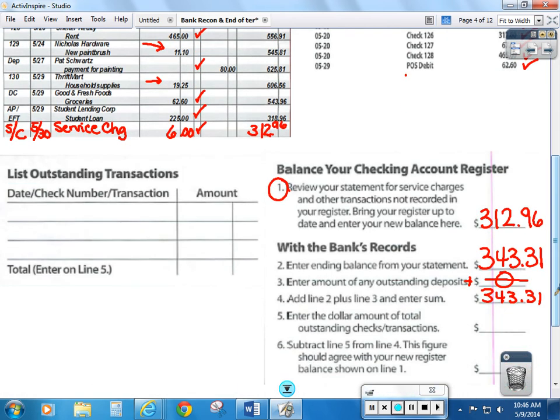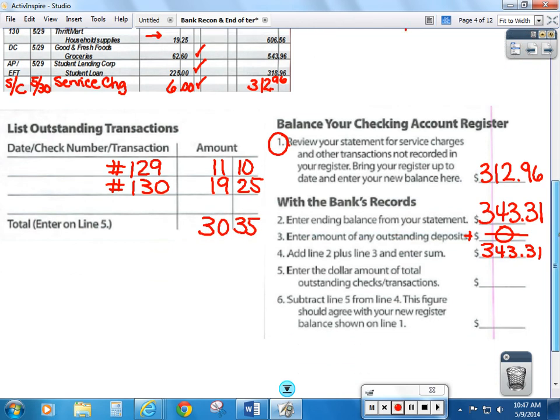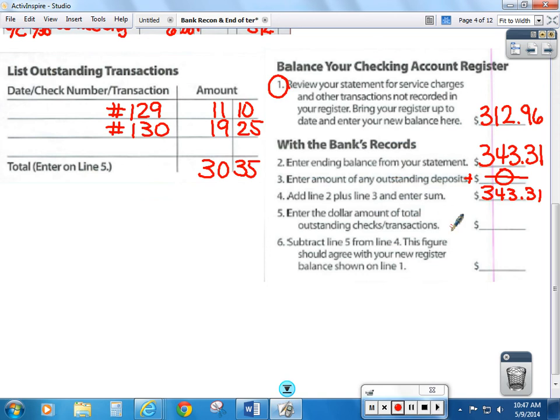So the first one is check number 129, and that's for $11.10. The second one is check number 130, and that is for $19.25. If we total it, we come to $30.35.